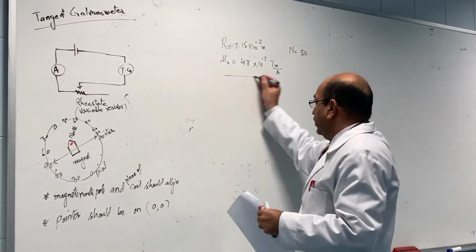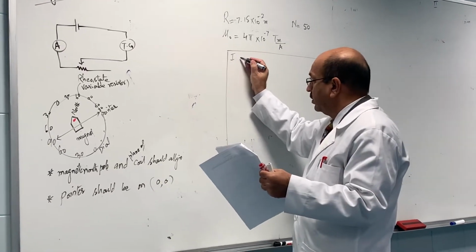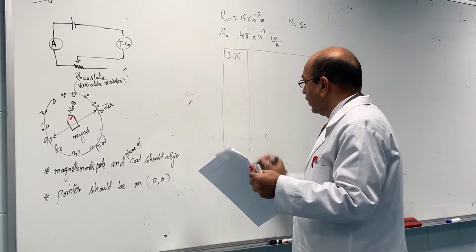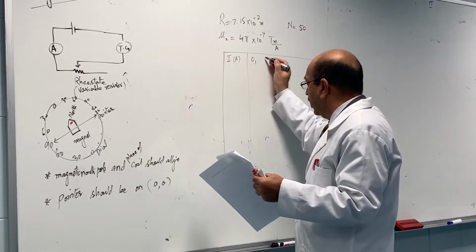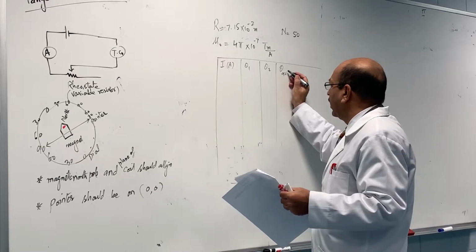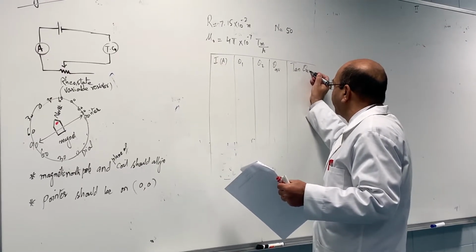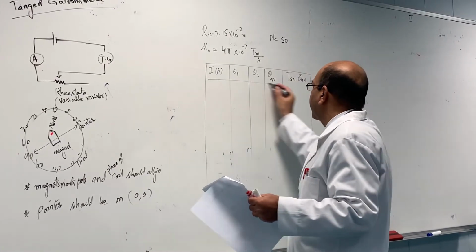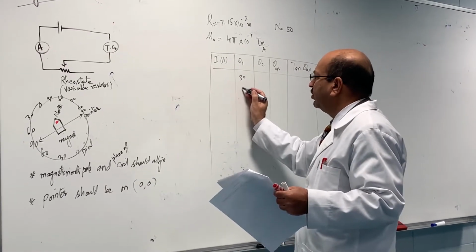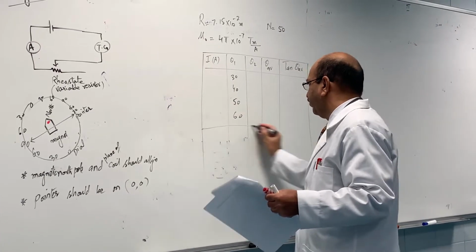Now here is the table. Ampere, current, then deflection, theta 1, theta 2, theta average, then tan of theta average. You will start 30, 40, 50 and 60. Finish.